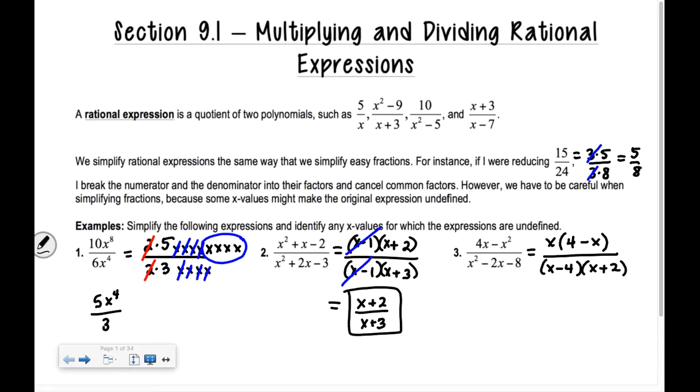Yep, that's right. So let's take out a -1 from the top one. So I'm going to pull out a -1, and when I do, you see how I'd have -4 plus x like that if I pulled out a -1? So this one right here. If I pull out a -1, I have -4 plus x. Well, isn't that the same as x plus 4?